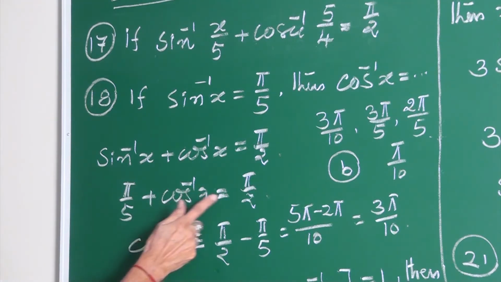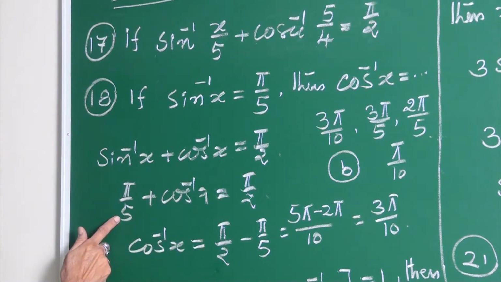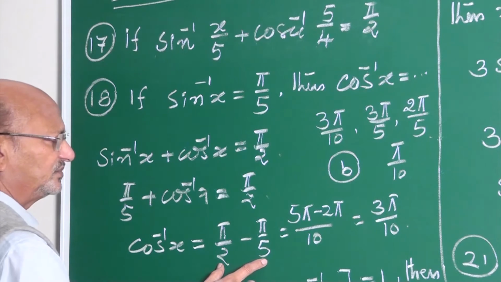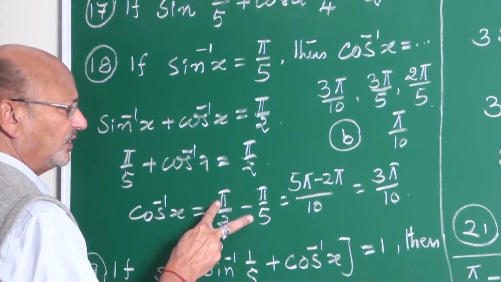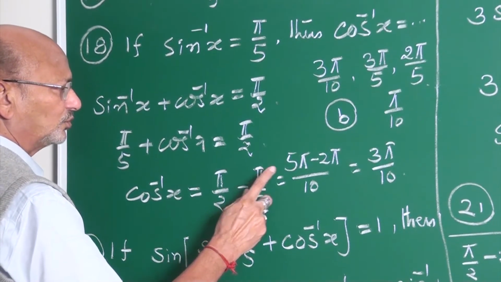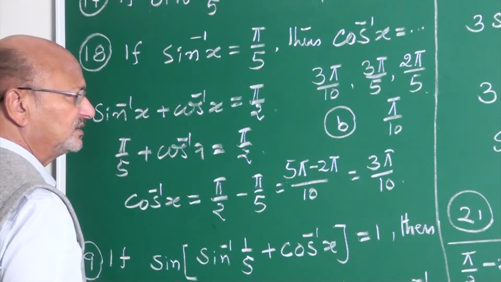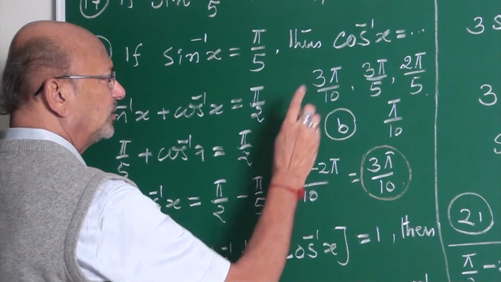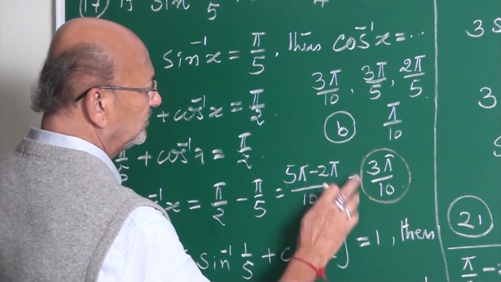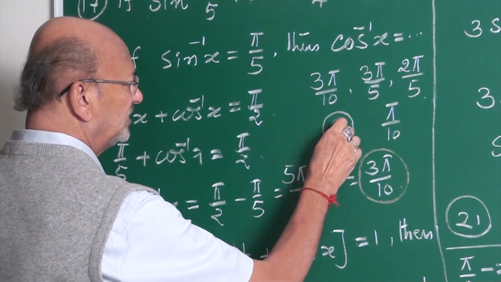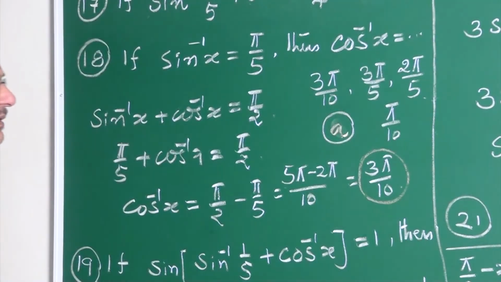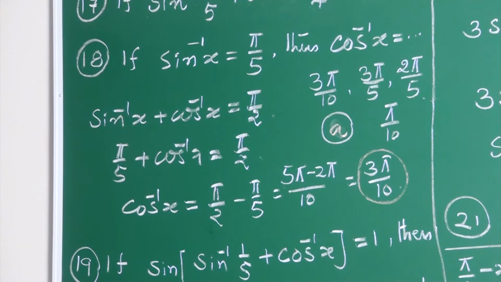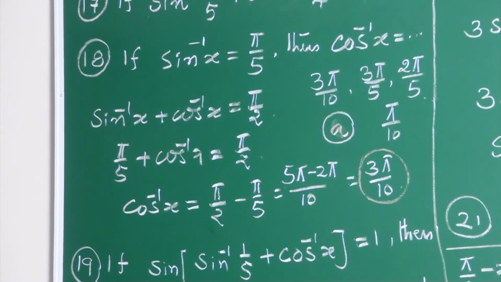Then cos inverse x is pi by 2 minus pi by 5. Simplify: LCM is 10, 5 minus 2 is 3, so 3 pi upon 10. This is option A.